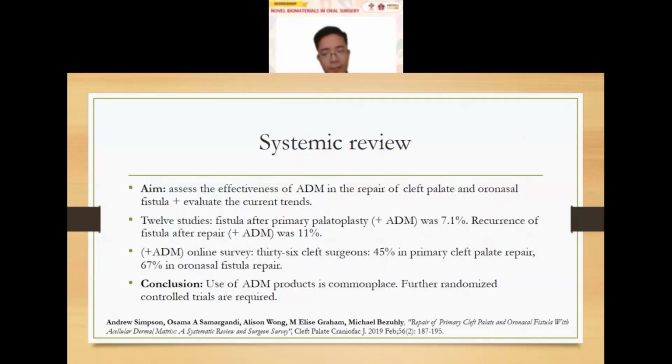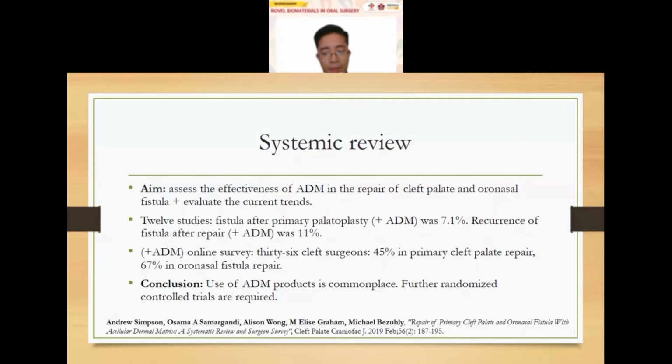The studies were of low quality, as indicated by a MINORS score ranging from 7 to 14. The pooled estimate for fistula formation after primary palatoplasty with ADM use was about 7%, and the pooled estimate for recurrent fistula after attempted repair using ADM was 11%.